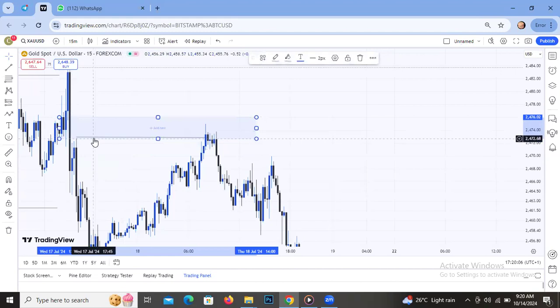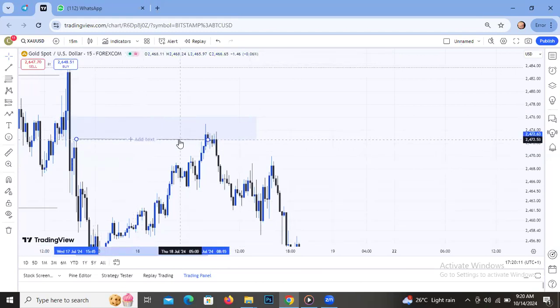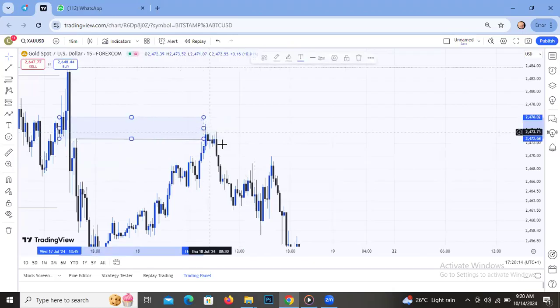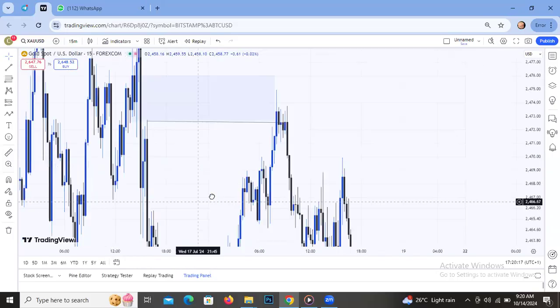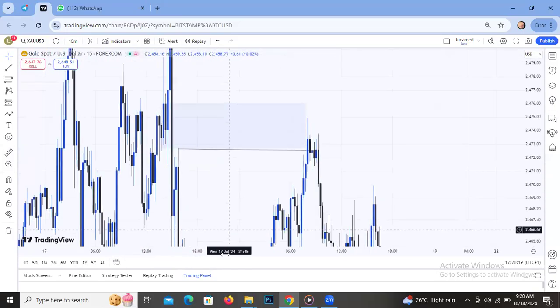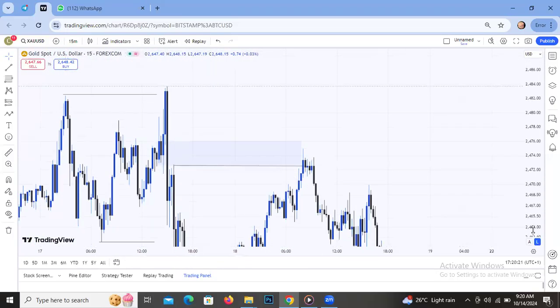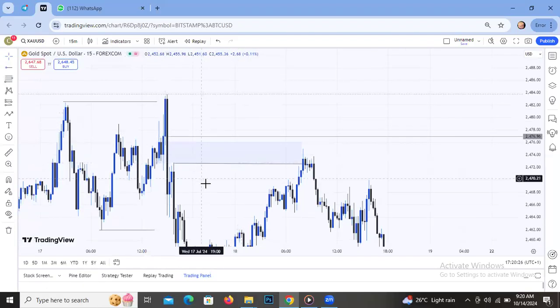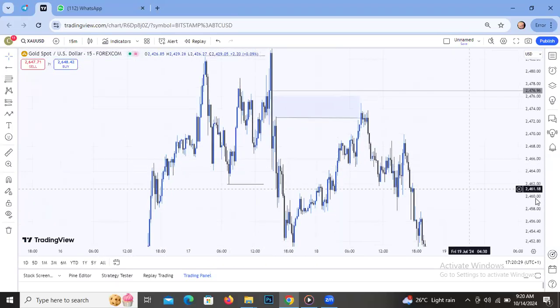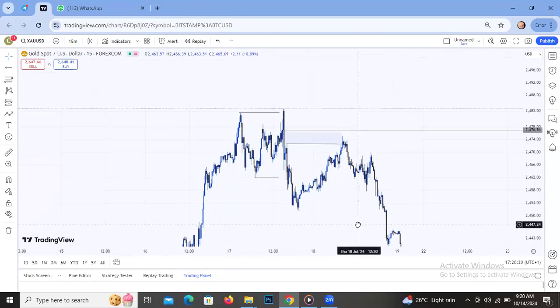But my TradingView will not reach here because I didn't subscribe. So this is the breaker block first in the lower time frame. Now we have the order block here, and this is our order block, right?